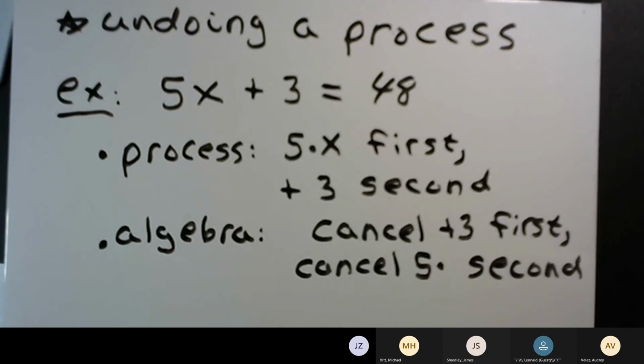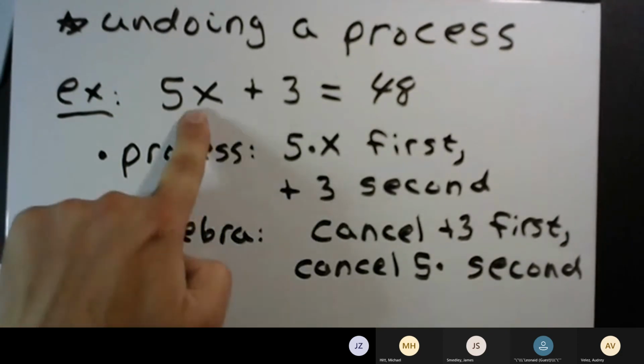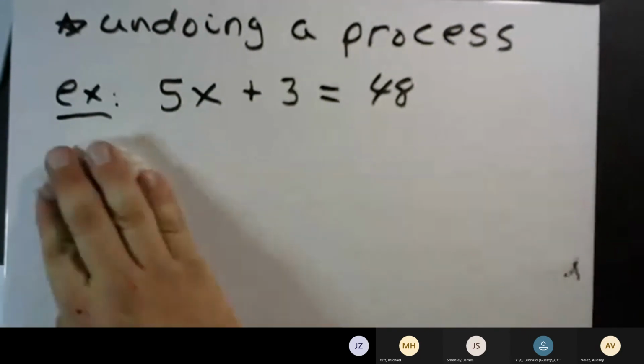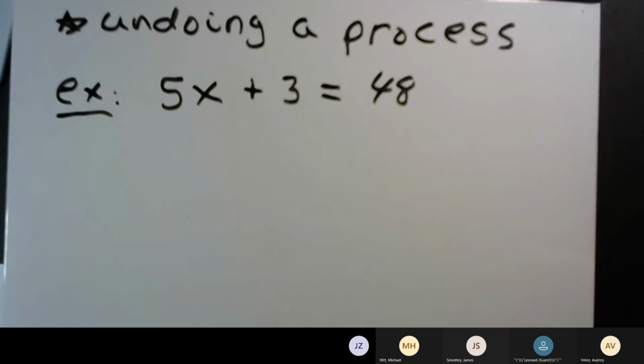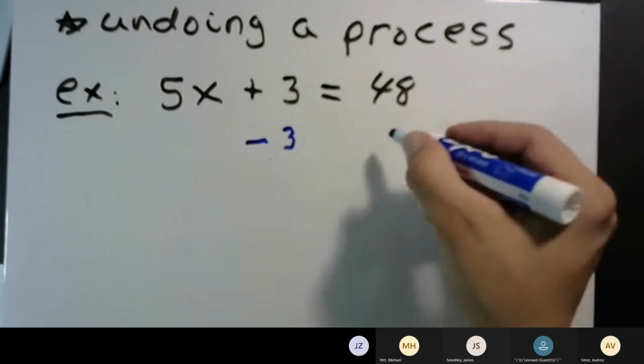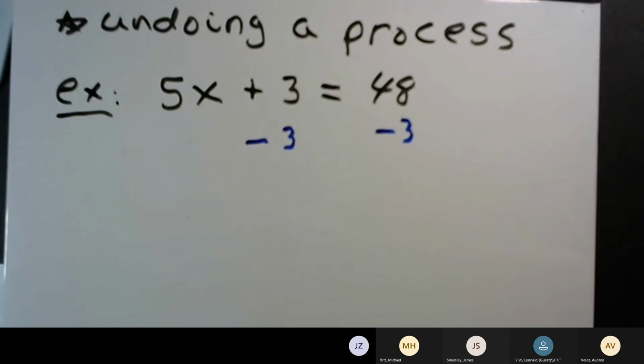So let's see what this looks like. According to PEMDAS, if we knew what x was, we would multiply first, then add 3. But since we're doing algebra, we're going to go backwards and cancel the addition of 3.